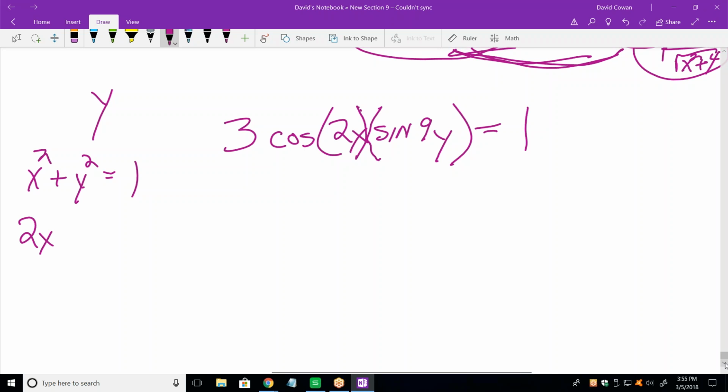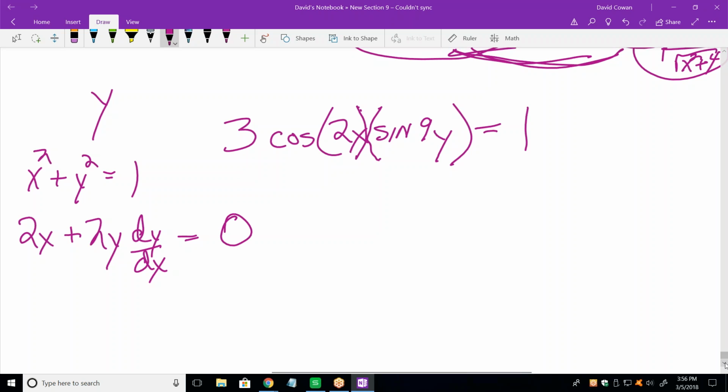But when I come across a variable that's not x, doesn't matter what it is, then I differentiate it, followed by a dy/dx. Then I differentiate the right side. So all I've done is differentiate both sides of the equation implicitly.